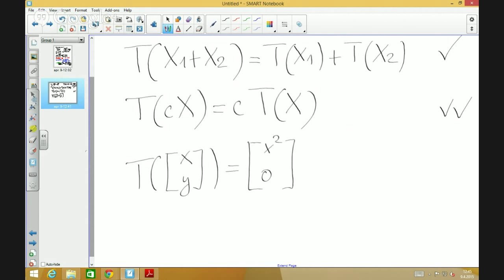What would your answer be? Your colleague is saying it doesn't do anything particularly interesting with y, but yeah, the function that maps every vector to the 0 vector is actually linear, even though it doesn't do anything particularly interesting to its input. It just ignores it and spits out (0, 0).